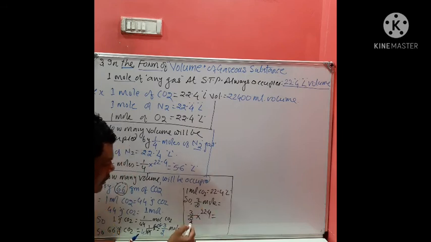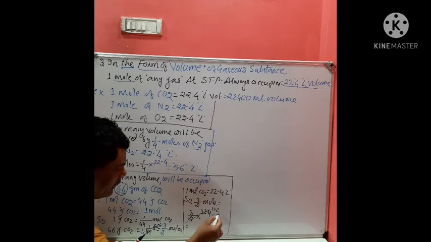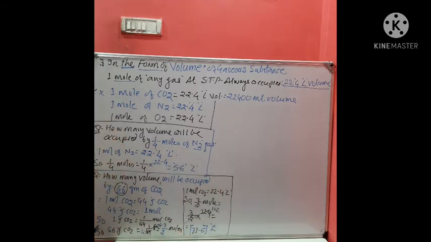Solving it, 11.2 multiplied by 3 is 33.6. So 33.6 liter volume will be occupied by 66 gram of CO2. So in this way you can solve the question.